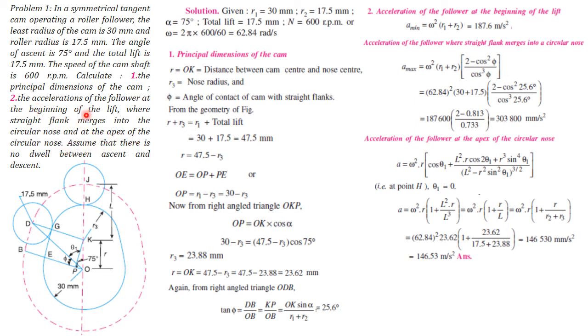So we need to find the acceleration at the beginning of the lift, at the position where the roller moves from flank to nose, and at the apex. At three positions we need to find the acceleration. So assume that there is no dwell between the ascent and descent.